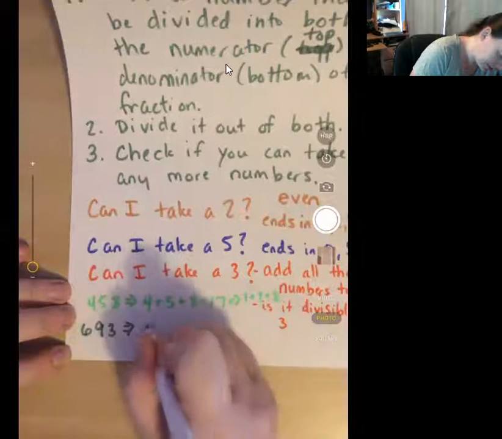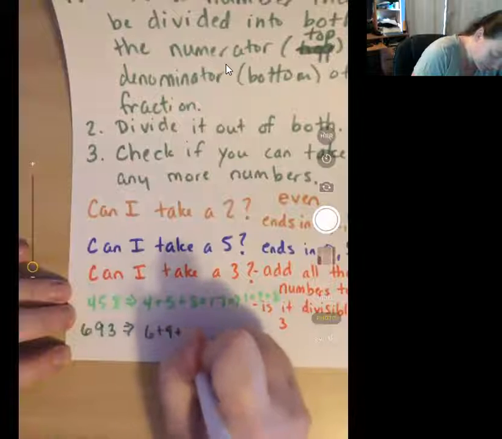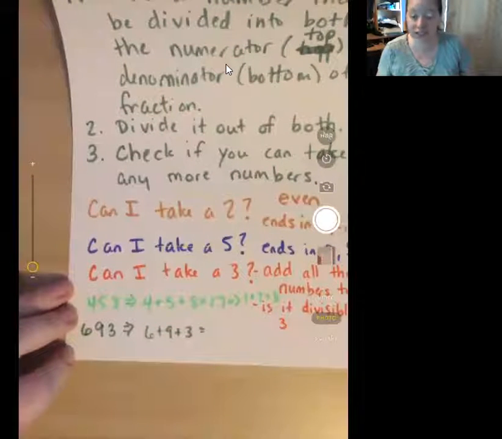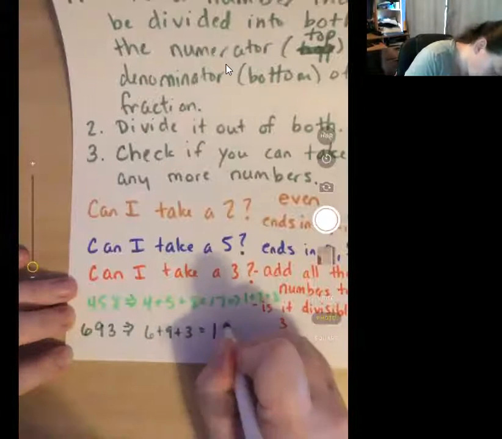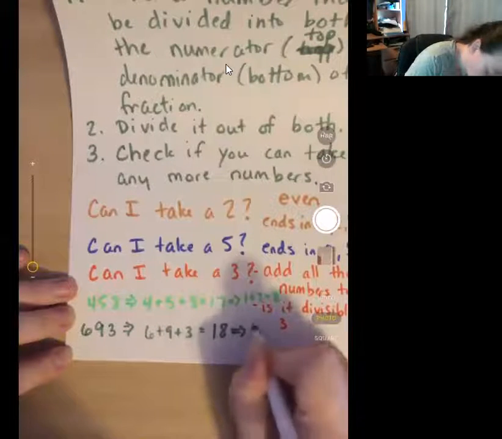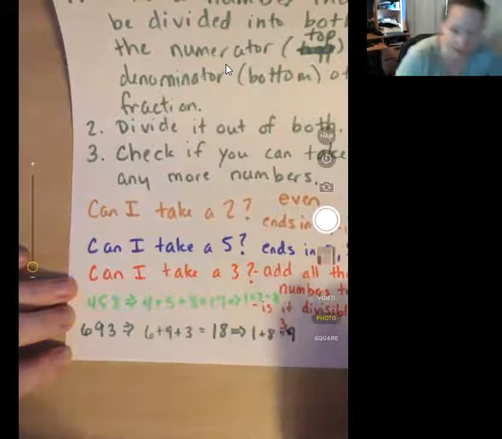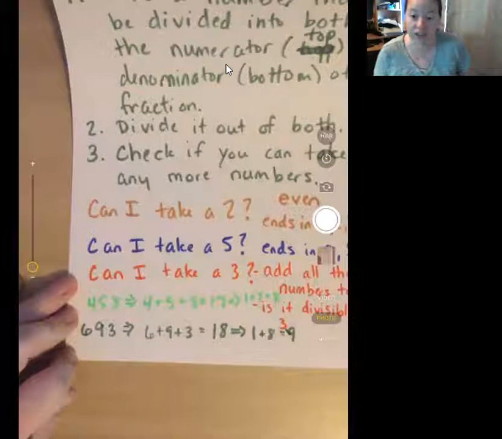Let's add this together. 6 plus 9 plus 3. 6 plus 9 is 15, plus 3 is 18. 1 plus 8 is 9. Can I divide 9 into 3? 3 into 9?